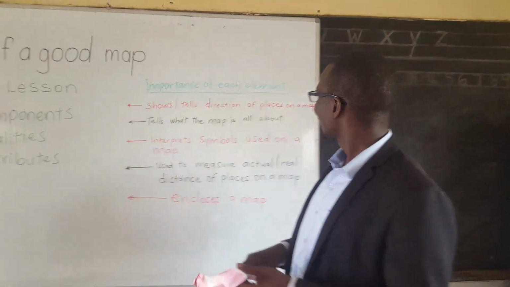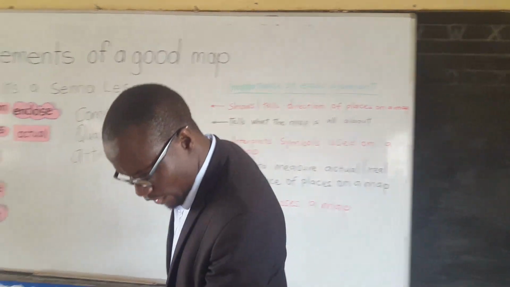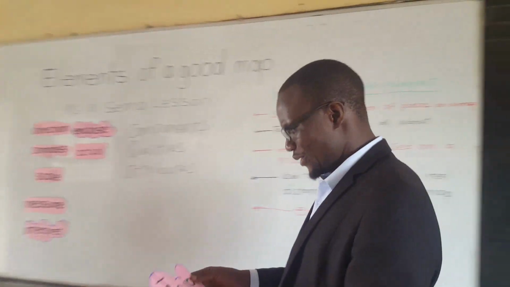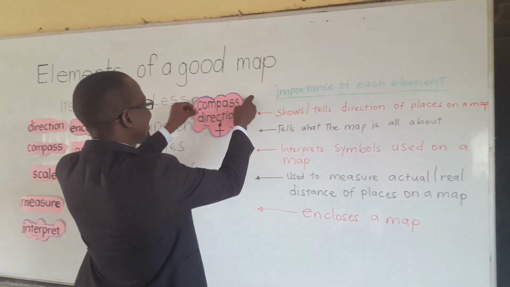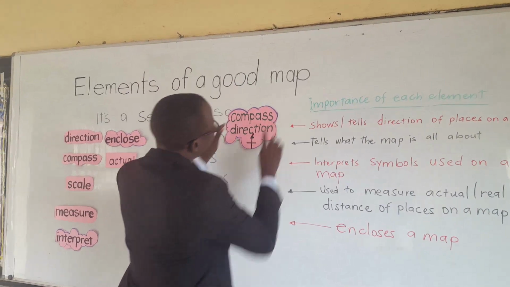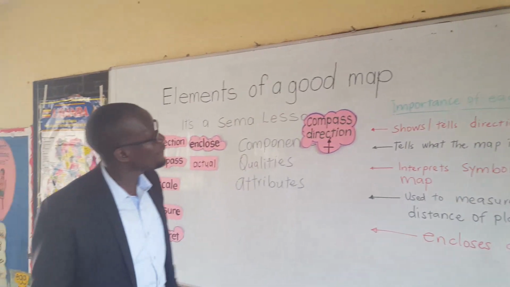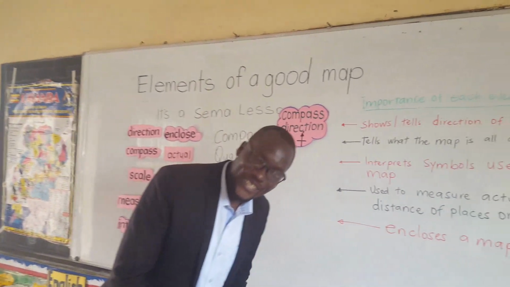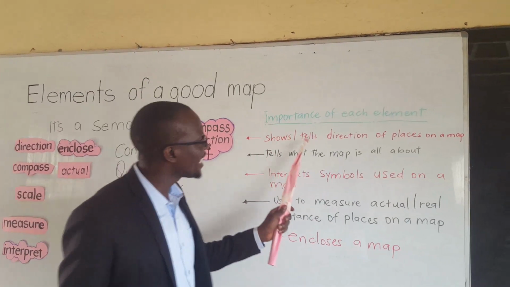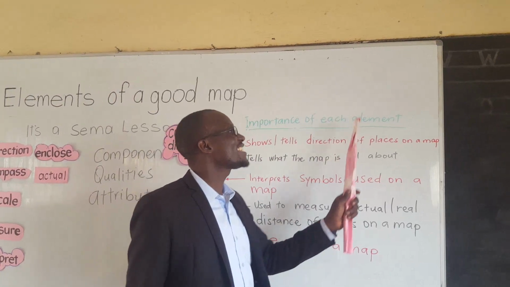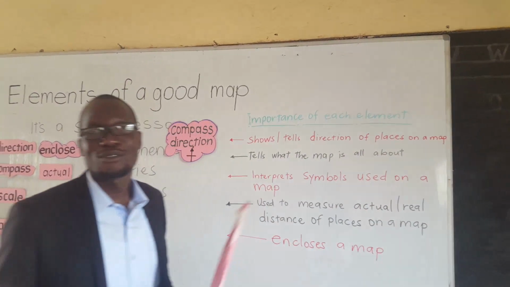Let us see. The element that shows the direction of places on a map is the compass direction. So the compass direction shows or tells direction of places on a map.